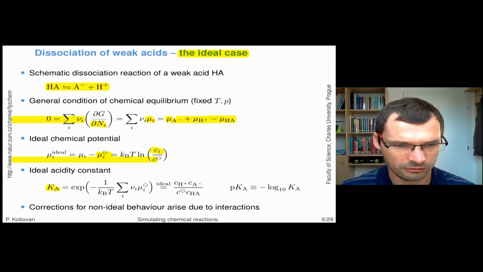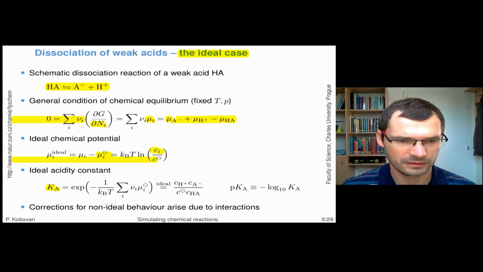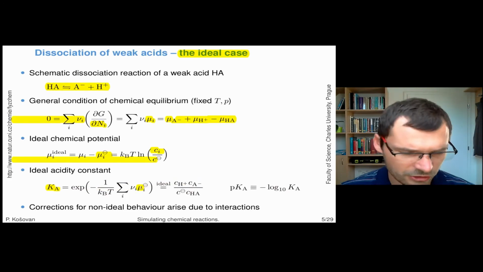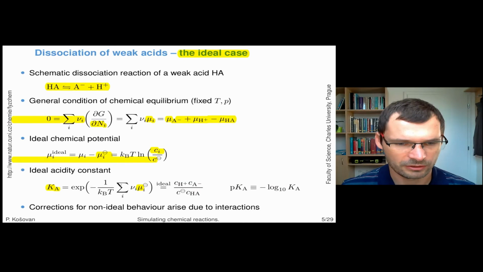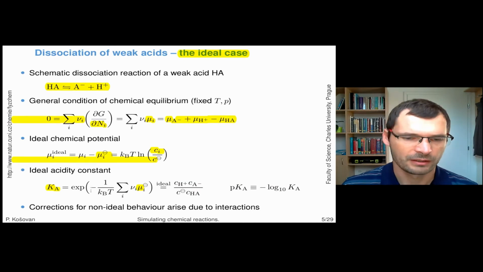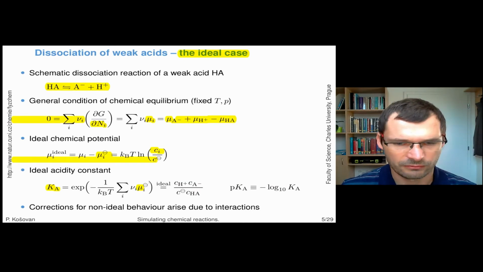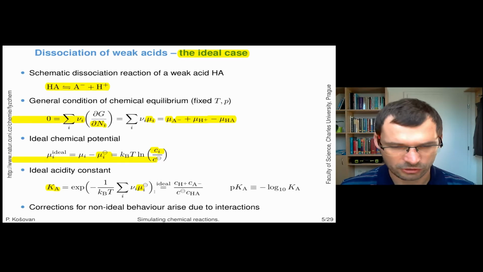Here we show it on the example of the acidity constant, which is equal to the sum of these reference chemical potentials multiplied by the stoichiometric coefficients divided by kT, and all of that being the argument of an exponential.